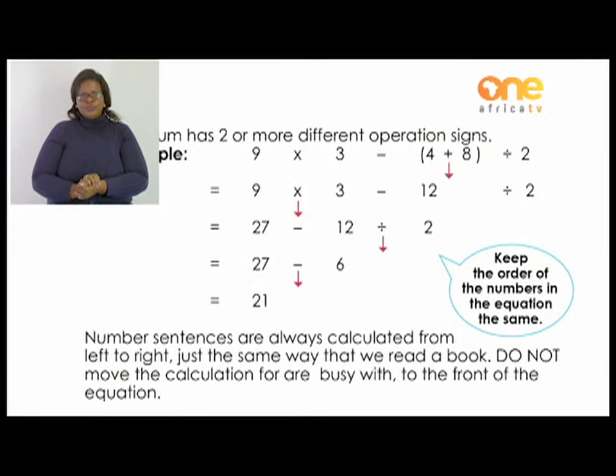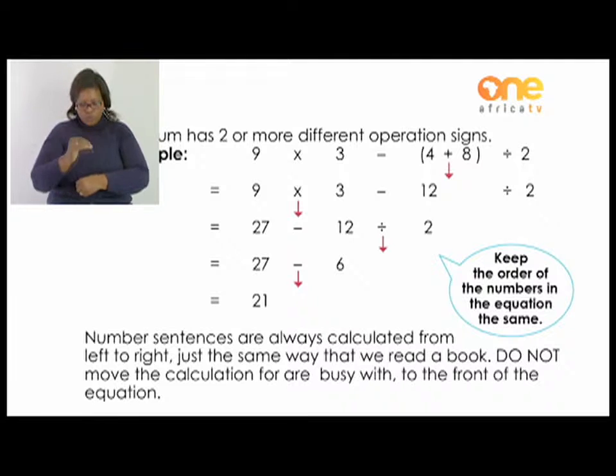What is the first operation that we'll do? According to BODMAS, we first find whether in the sum there are brackets. So the first operation will be the operation in brackets. What do we have in brackets? 4 plus 8. So 4 plus 8 equals 12.